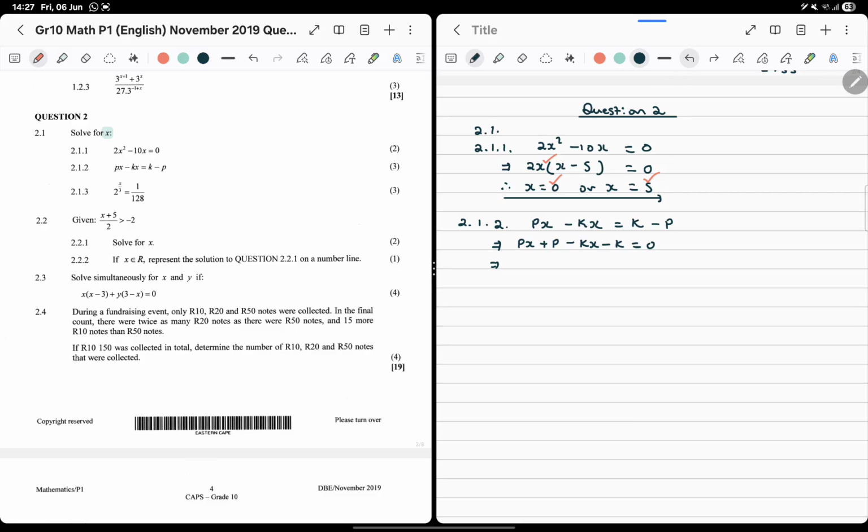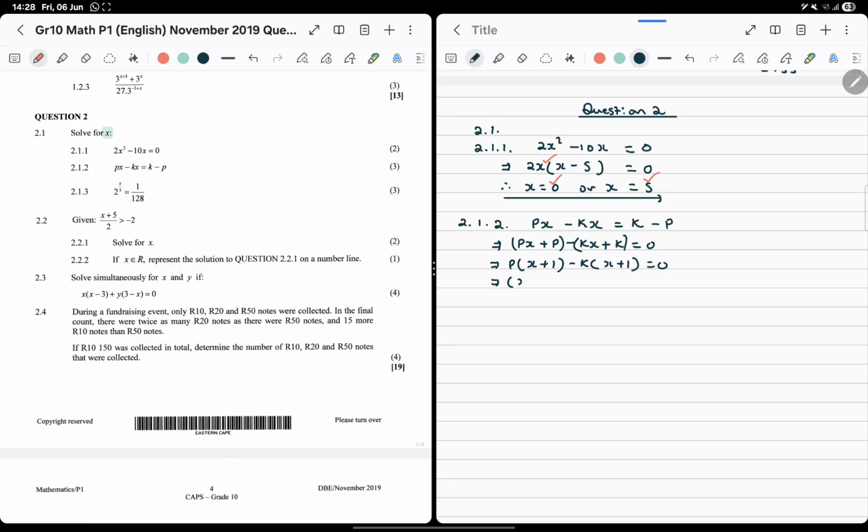We factorize here by taking out the highest common factor, p. In fact, you can already show the grouping here. But if we take out the negative there should be plus inside, okay? Remember that.